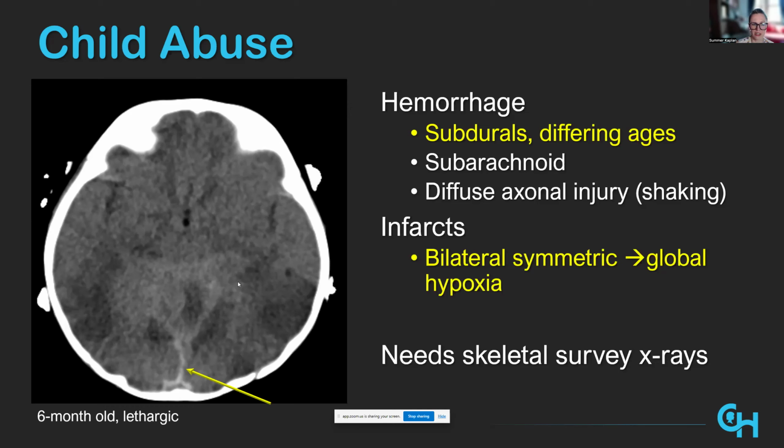So when you're looking at head CT in an infant, sometimes it may look dark compared to what you expect to see in adults. So it's important to assess the extent of that feature. Does it go all the way down to the outer cortex? If you see something like this, the child definitely needs a skeletal survey X-ray series to further characterize other injuries they may have.